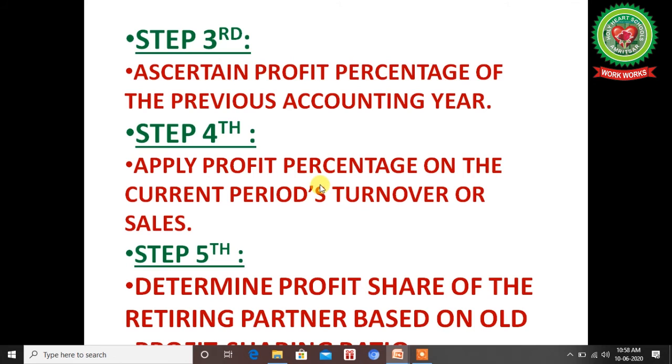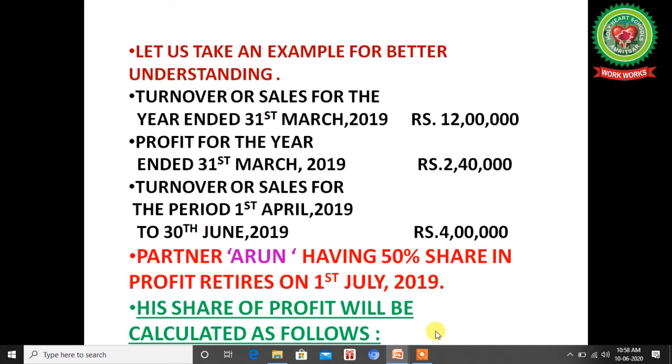In the fifth step, determine the profit share of the retiring partner on the basis of the profit sharing ratio.